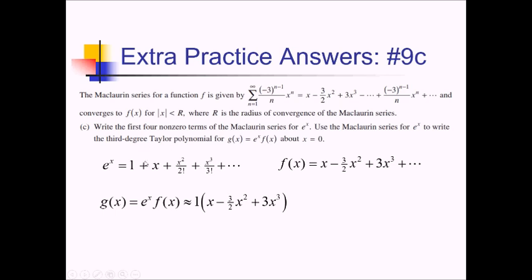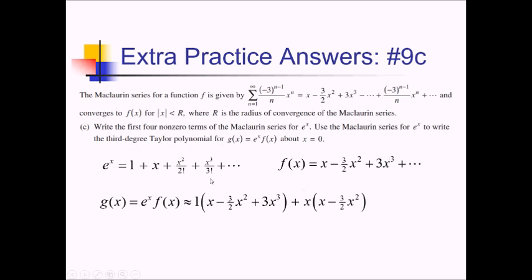Now I also have to multiply the x from the e to the x by some things. Looking over here, I'm going to increase the exponent by 1 when I multiply by x. So I really only need to multiply by these first two terms, x and minus 3/2 x squared. Because if I multiply x by this 3x cubed, that's going to give me 3x to the 4th, which is not going to be part of my third degree Taylor polynomial.